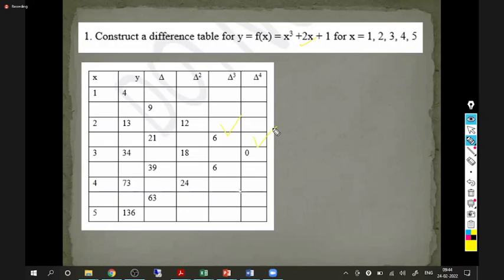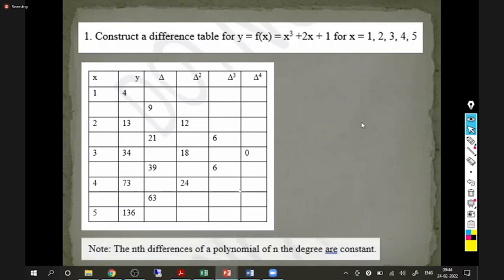This generally happens because differences are similar to derivatives. You'll observe the nth difference of a polynomial of nth degree is constant. It is a cubic polynomial, so the third derivative should be constant, and the third difference should be constant.